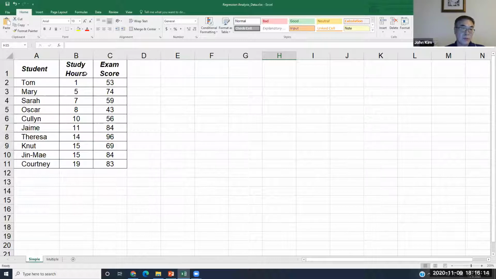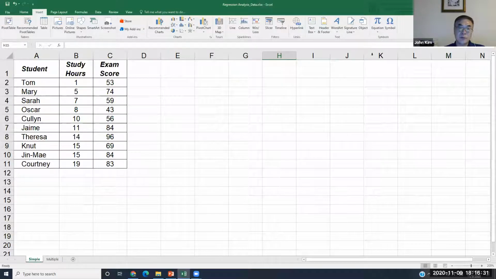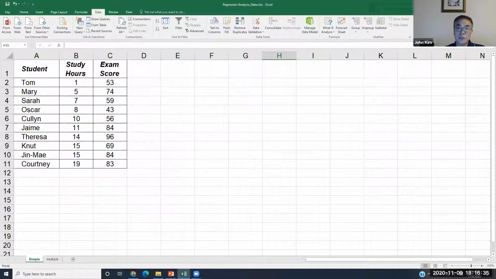I say move first and then follow: the one moving first is the X variable, and the following one is the Y variable. We can use many different tools, but first let's use the basic Excel data analysis tool.